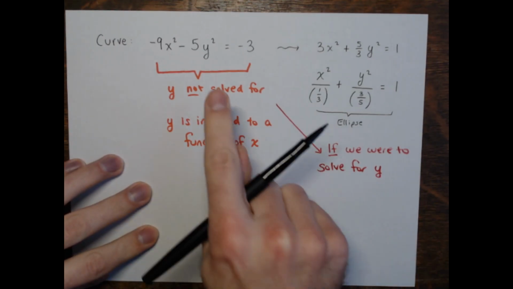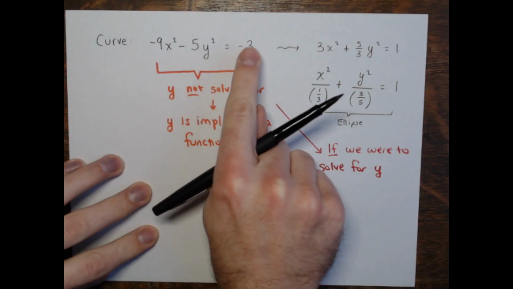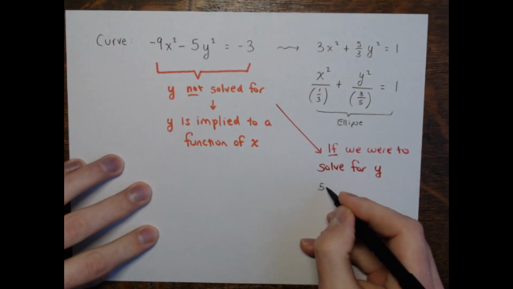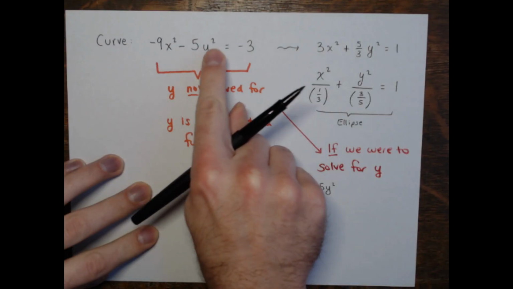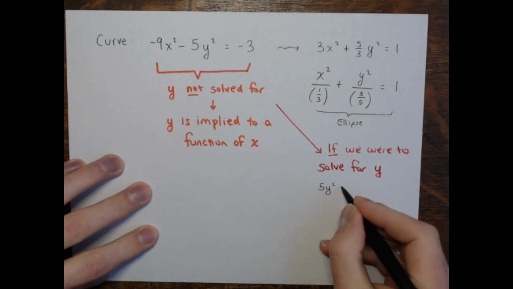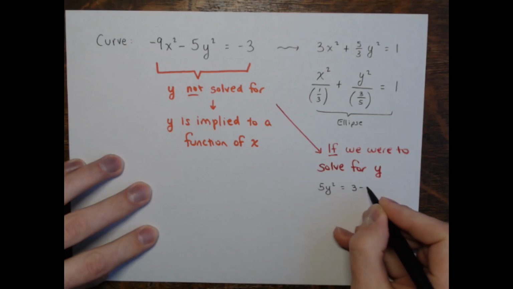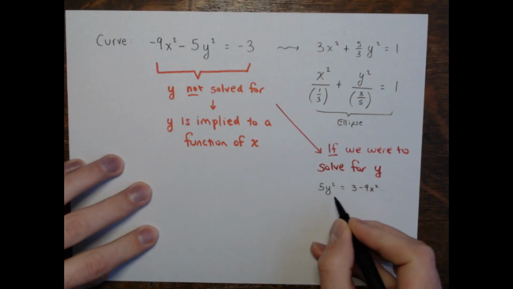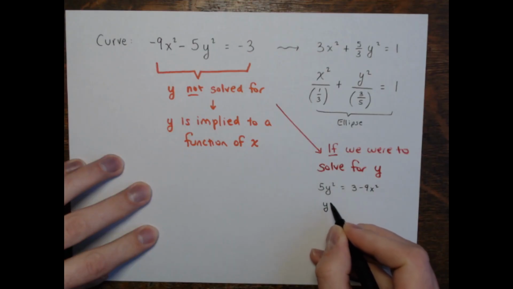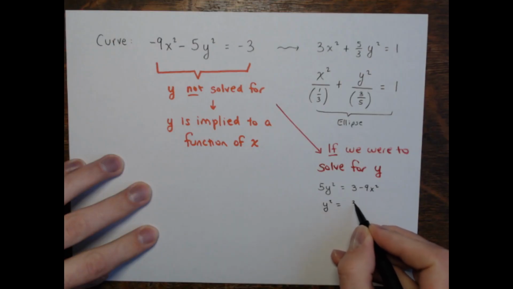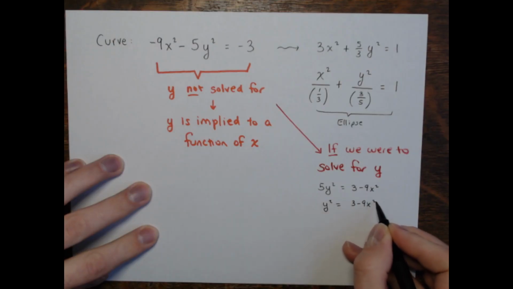Let's say I add the 5y squared, so I'd have 5y squared, and then add 3. We'd have 5y squared equals 3 minus 9x squared. Divide everything by 5: y squared equals 3 minus 9x squared, all divided by 5.